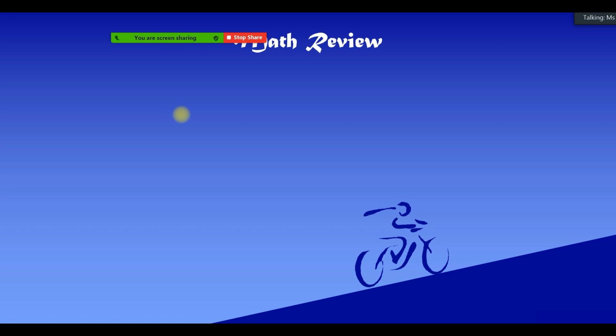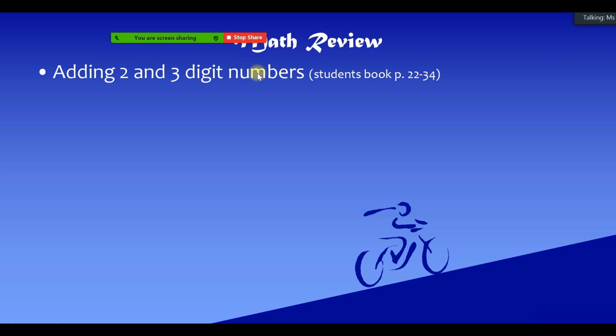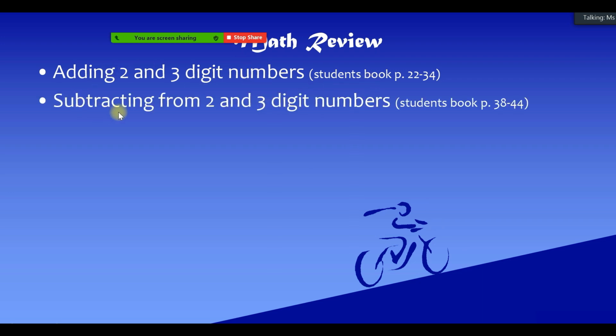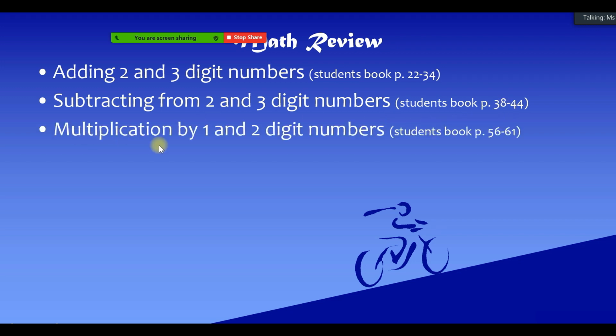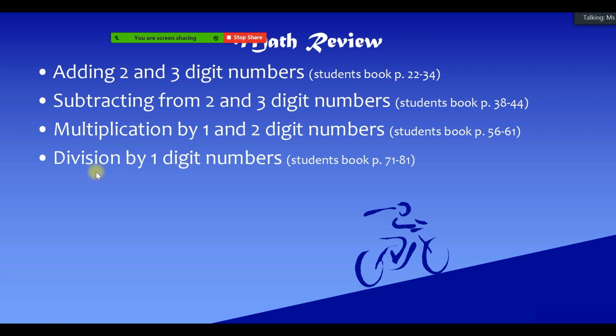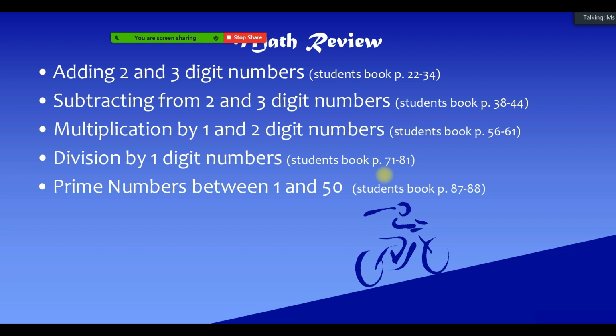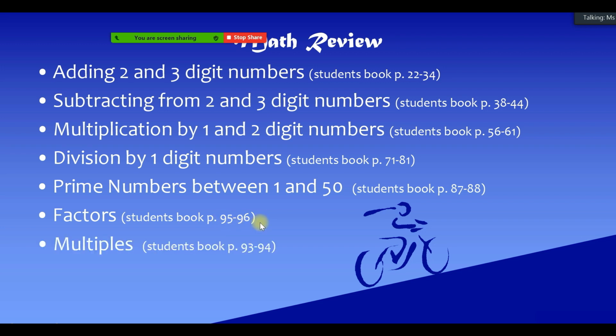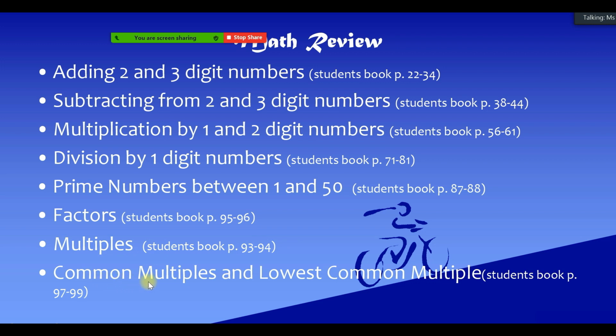Okay, the material in term 1 is about adding 2 and 3 digit numbers in student's book page 22 until 34, and then subtracting 2 and 3 digit numbers, student's book page 38 until 44, and then multiplication by 1 and 2 digit numbers, student's book page 56 until 61, and then division by 1 digit numbers, student's book page 71 until 81, and then prime numbers between 1 and 50, student's book page 87 until 88, and then factors, student's book page 95 until 96, and then multiples, student's book page 93 until 94, and then common multiples and lowest common multiple, student's book page 97 until 99.